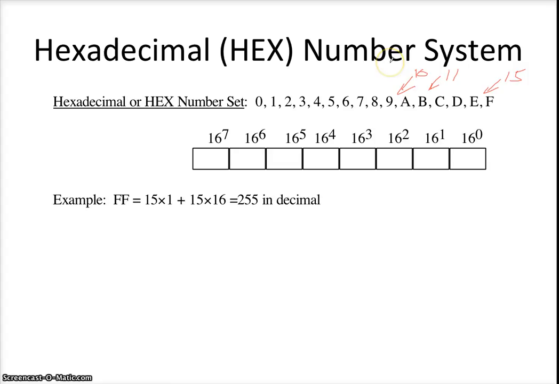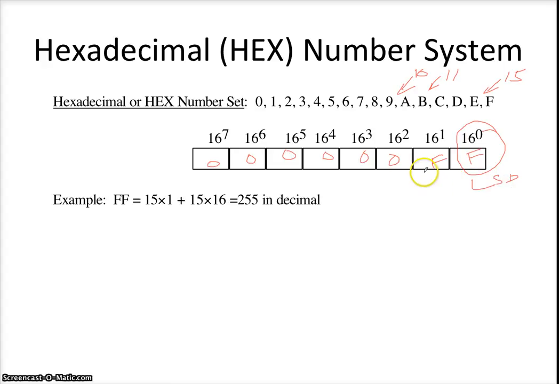Okay. So if we have FF, by the way, you can fill in everything here as 0, 0, 0, 0, 0, 0, and then FF, okay?